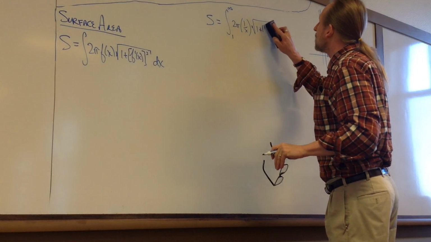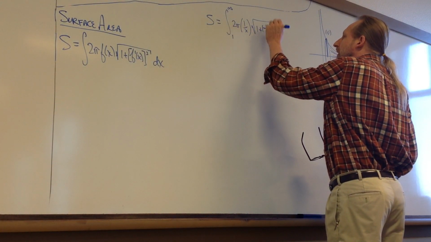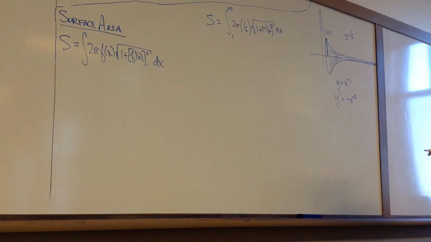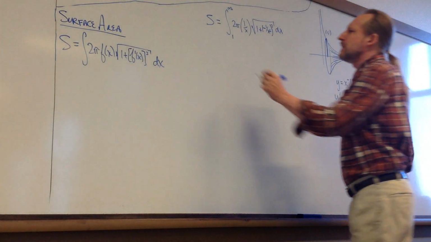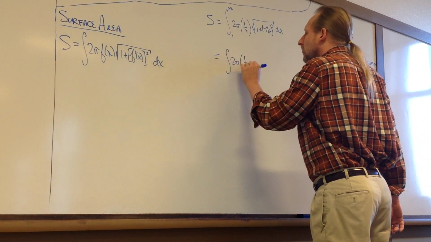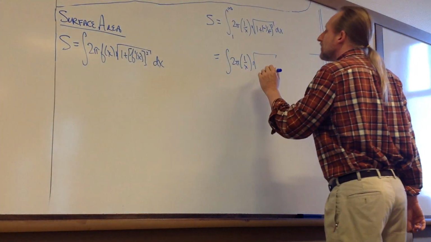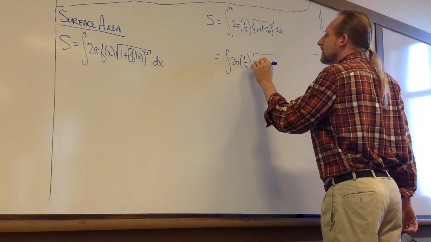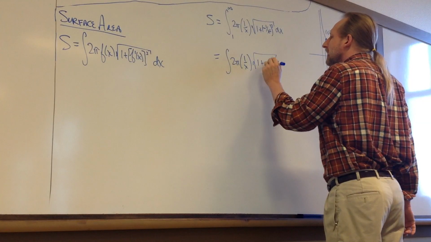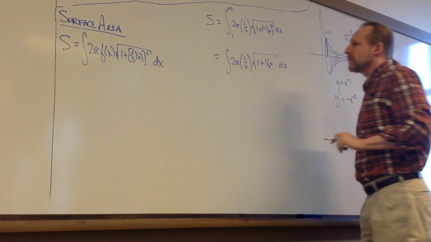So this is going to be minus 1 over x squared, all squared, dx. So this is 2 pi, 1 over x, square root of 1 plus, and we can leave it like that, but it's going to come out as 1 over x to the 4th power, dx.